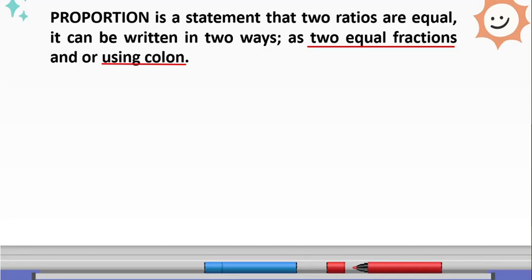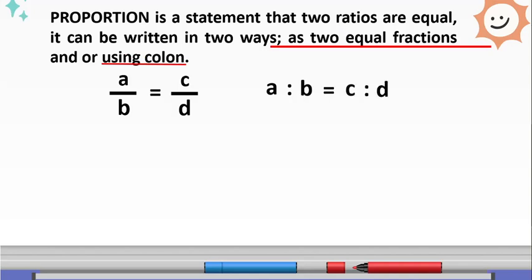We can use two equal fractions, by representing it as A to B as C to D. Or using the colon form, A to B as C to D. Let's name A as 3, B as 5.